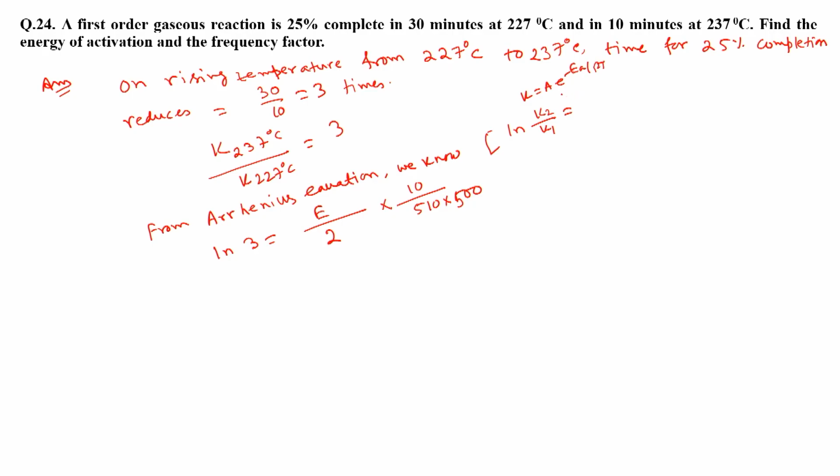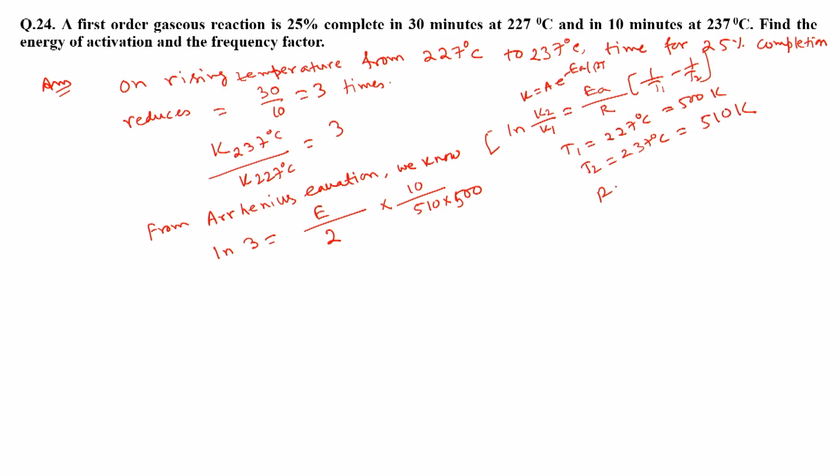So ln K2 by K1 is EA by R times (1 by T1 minus 1 by T2), right. Here T1 is 227 degrees Celsius, which means 500 Kelvin, and T2 is 237 degrees Celsius, which means 510 Kelvin.